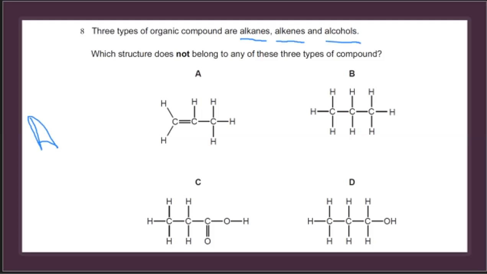A has a double bond, so that means A is an alkene. So A cannot be our answer. B has single bonds. B is an alkane. So B cannot be our answer. D has an OH group. So D is an alcohol. So D cannot be our answer.